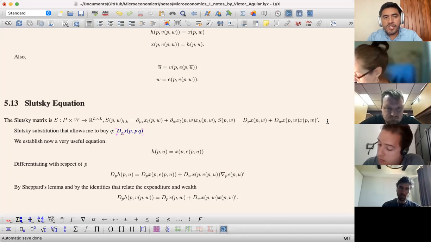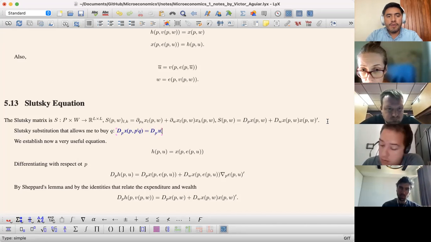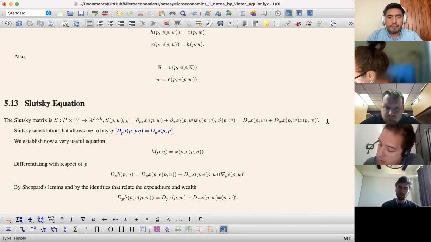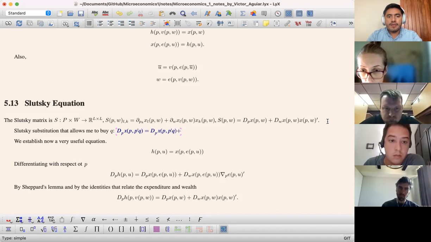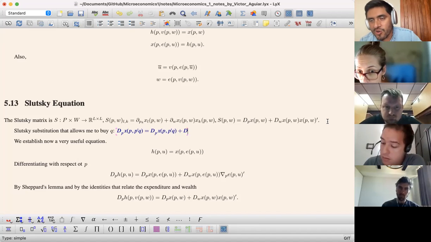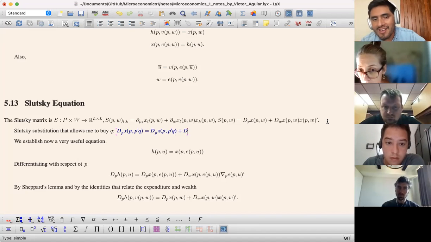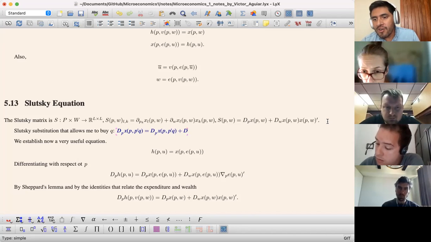Now I see the price change, and here I'm just going to do the chain rule. So how does the chain rule work here? Who can remind me? First I differentiate with respect to the first argument, and then I differentiate with respect to the second argument.